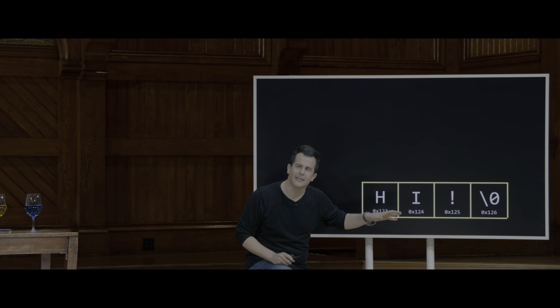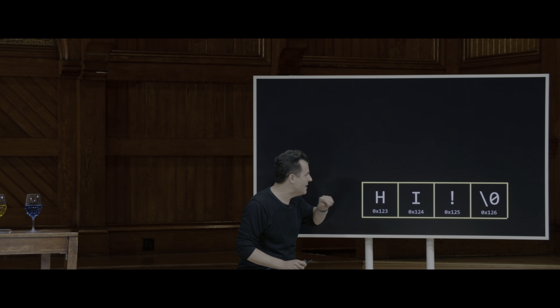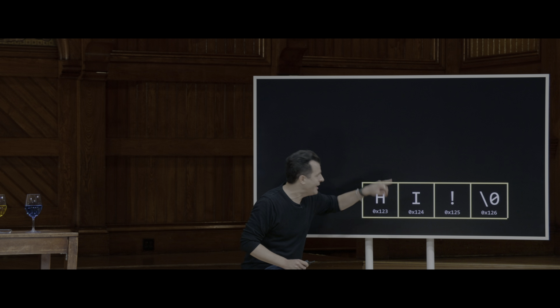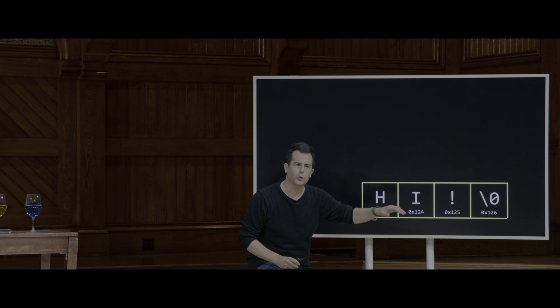But technically today, logically, it would seem that it's also true that hi, exclamation point, and the null character must clearly live at some address. They must live in their own mailbox, so to speak. So maybe, for the sake of discussion, this h today is at 0x123. But recall that arrays are characterized by contiguousness from left to right.